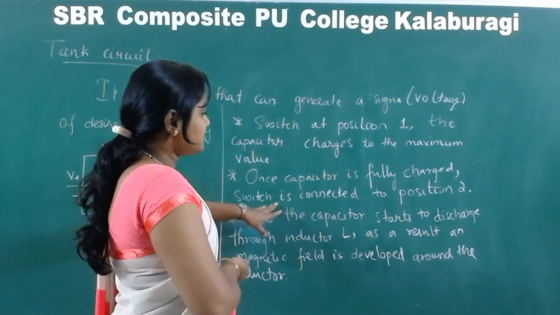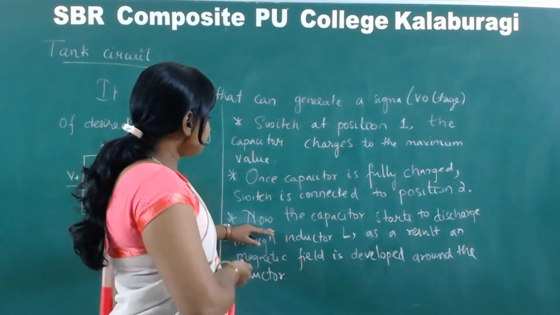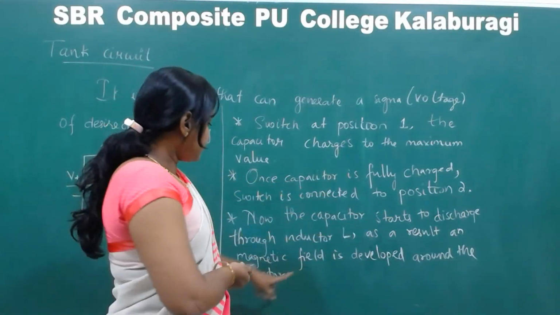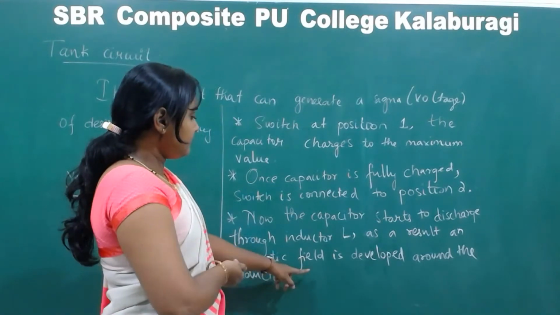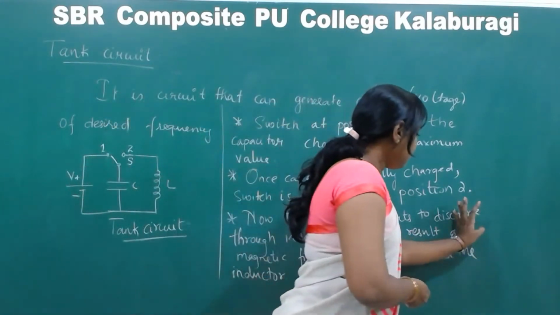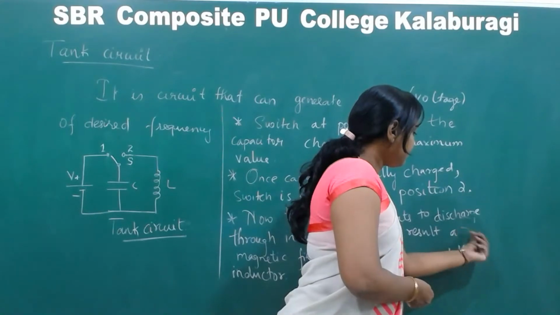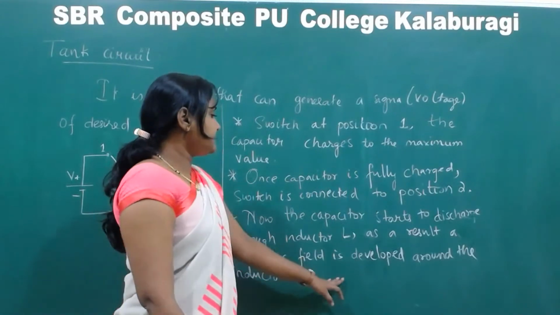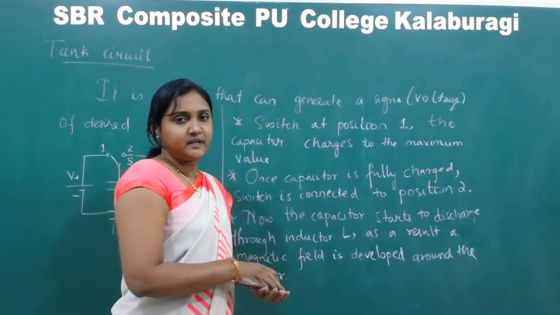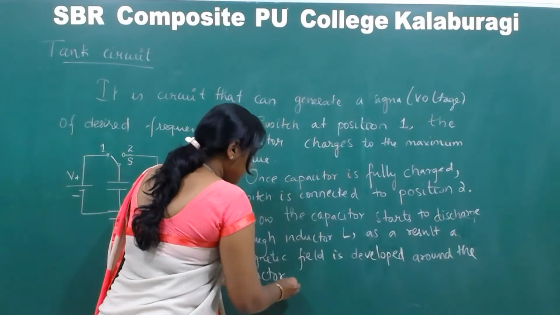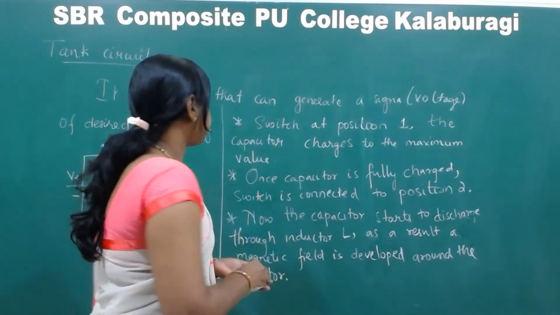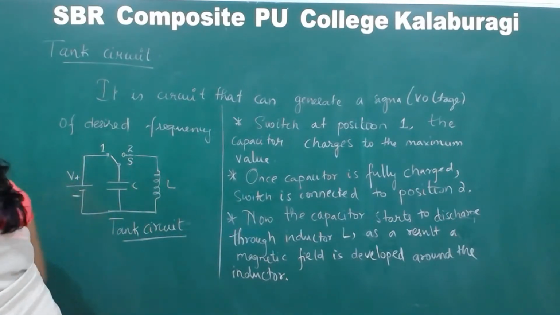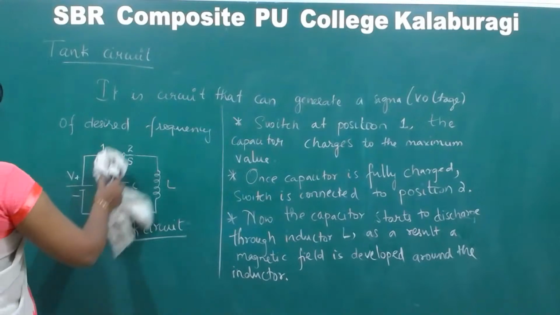Once it is fully charged, the switch is connected to position 2, and the capacitor starts to discharge through inductor L. As a result, a magnetic field is developed around the inductor.